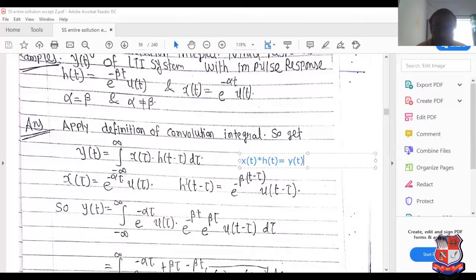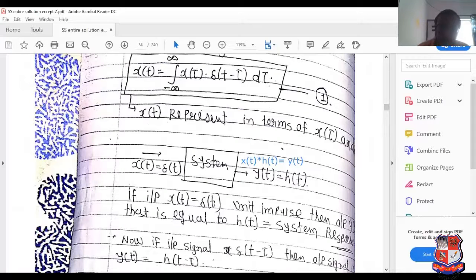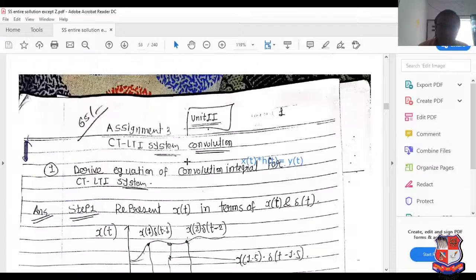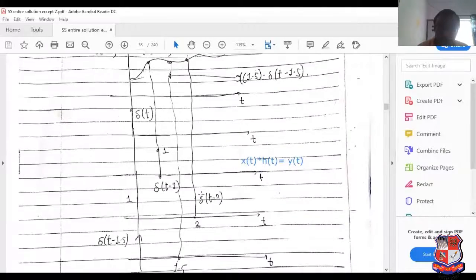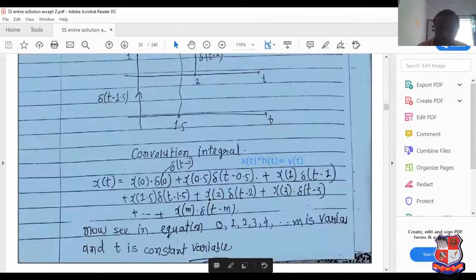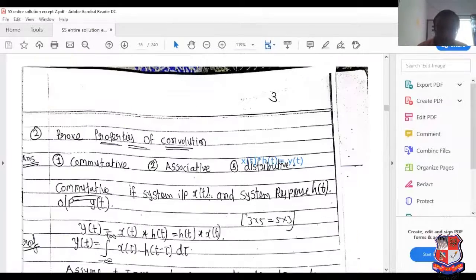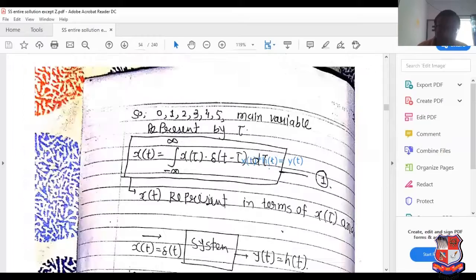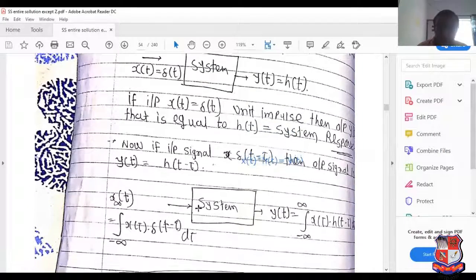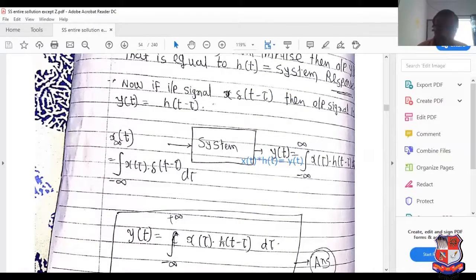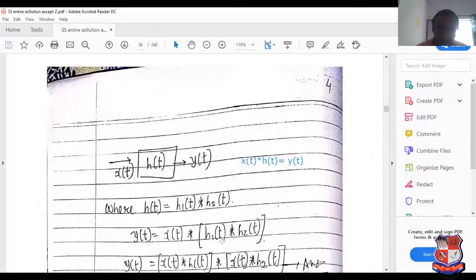Now tau can be considered as the main variable in this entire equation, because tau takes values 1, 2, 3, so it is a variable. It is not considered a constant. So here, the integral from minus infinity to infinity of x of tau h of t minus tau d tau.